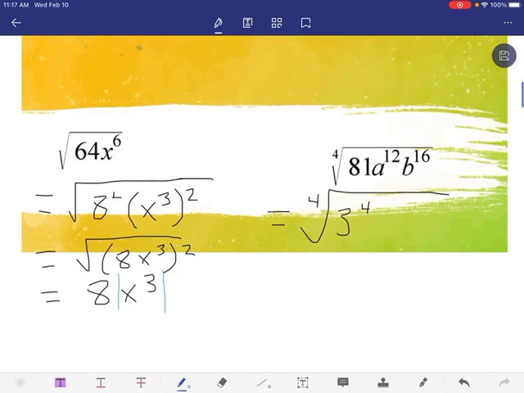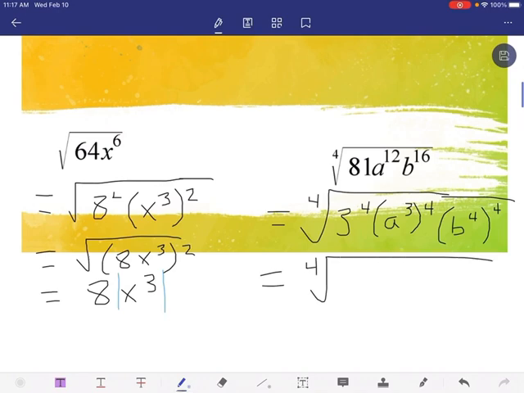Again, I want to think about two things that multiply together to give me 12, and I want one of them to be 4, so that would be 3 and 4. Remember that we want to put that 4 on the outside, and then hopefully we notice that to get our 16 exponent for our b, we would have 4 times 4.